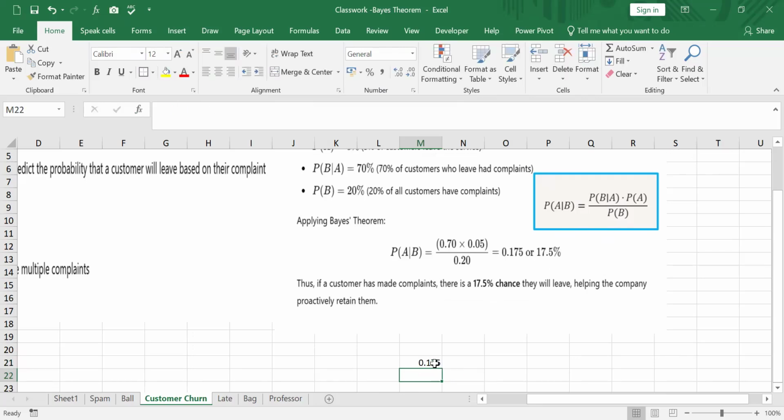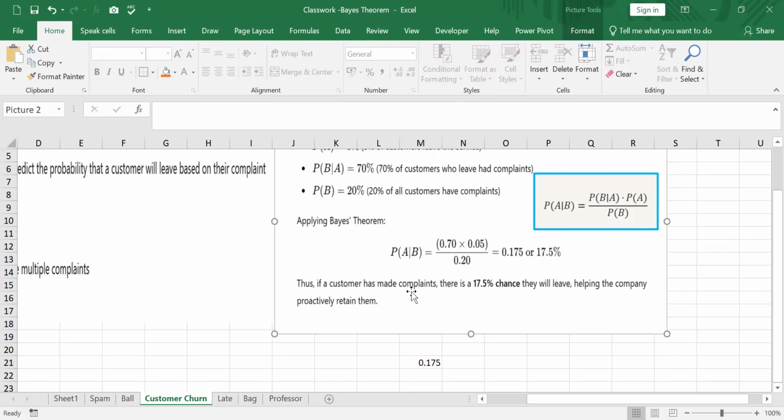That comes to 0.175 or 17.5%. So if the customer has made a complaint, there is a 17.5% chance they will leave. So you can try and help the customer remain with the company by taking some proactive measures. But the answer is 17.5.